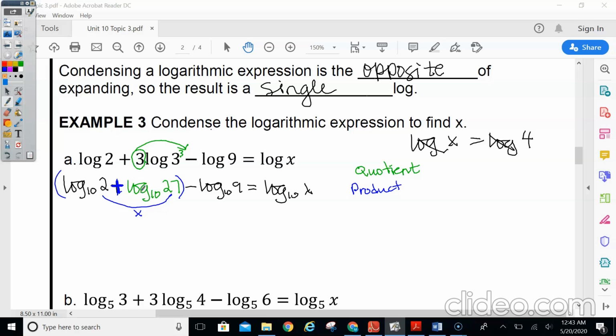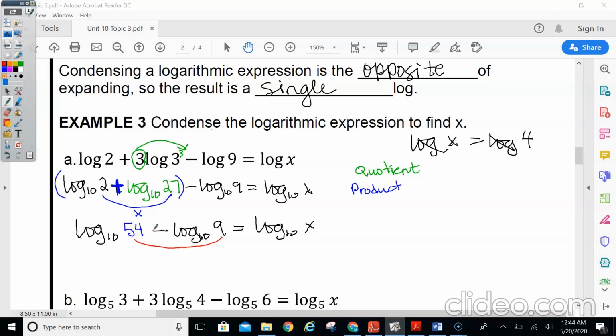So what do I get when I multiply 2 times 27? I get 54. So here this one's going to be log base 10 of 54 minus log base 10 of 9 equals log base 10 of x. Still cannot cancel them out because we still have multiple logs over here. So the last step would be to combine these two numbers.